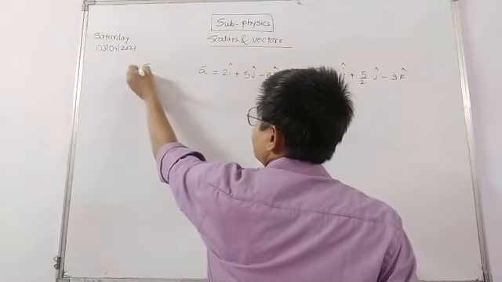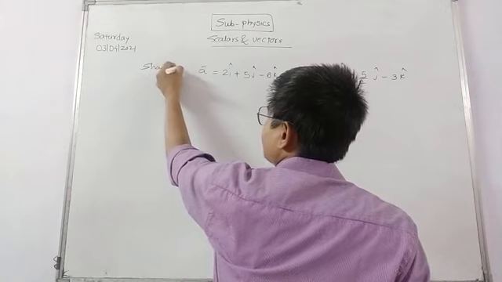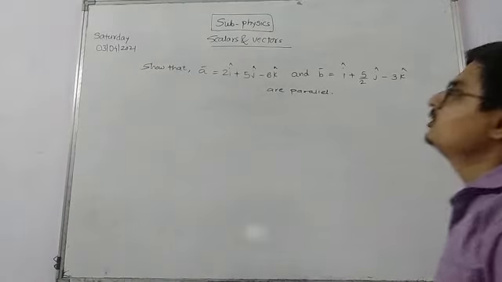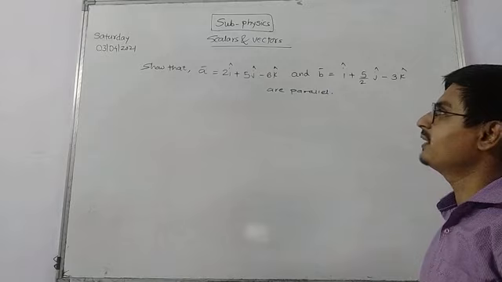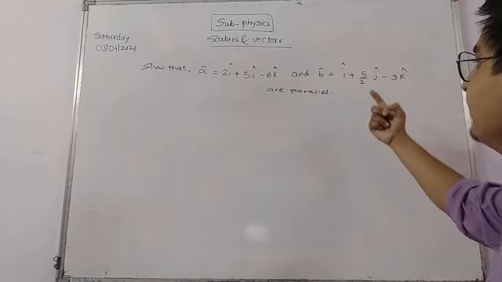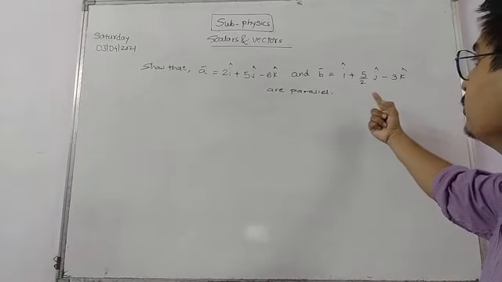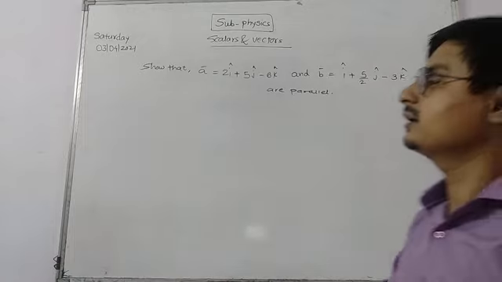Okay, we have to show this. Show that a bar equal to 2i bar plus 5j bar minus 6k bar, and b bar is i bar plus 5 by 2 j bar minus 3k bar are parallel.